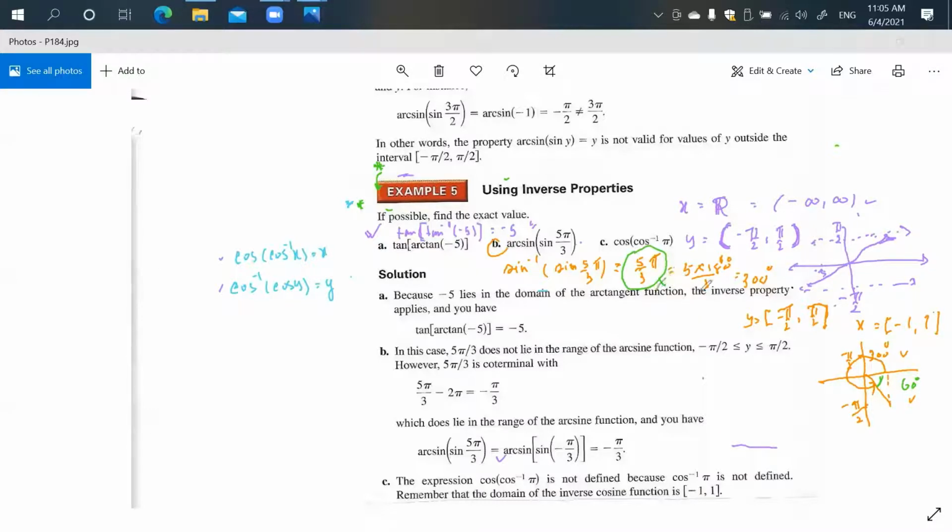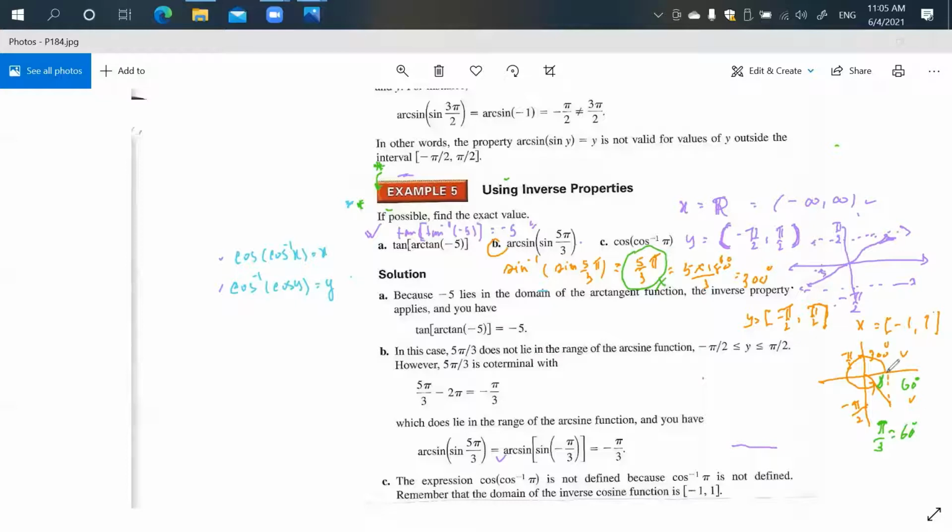So instead, if we answer this question as 5 over 3 pi, you'd be wrong, by using the property and canceling, simplifying this to equal this. You have to convert this to the condition of arc sine x, or inverse sine function, by using the coterminal. So we use 60 degrees, or pi over 3, equal to 60 degrees.